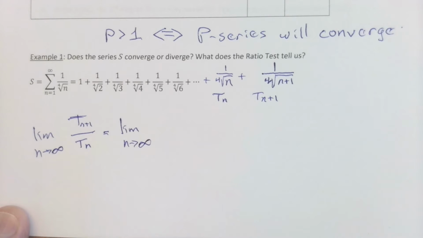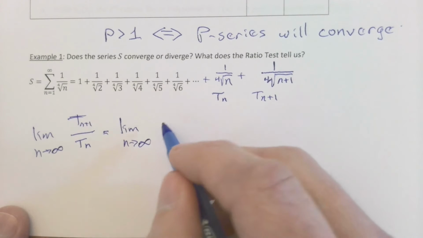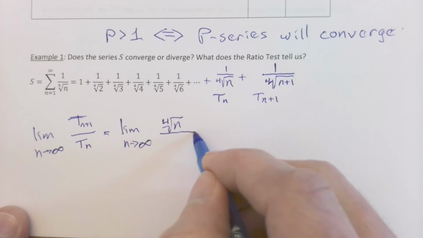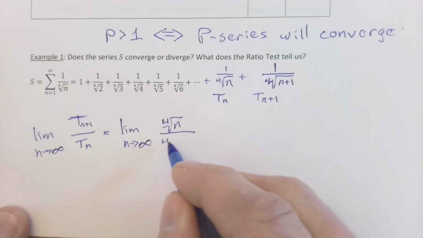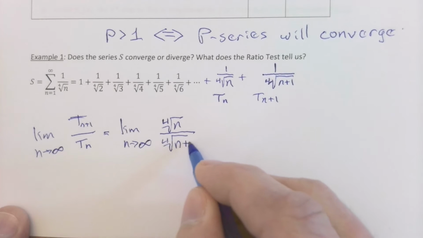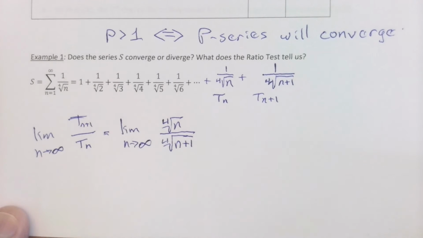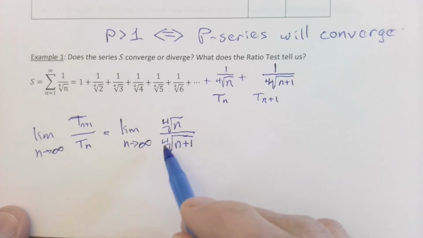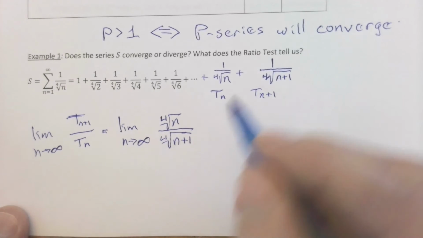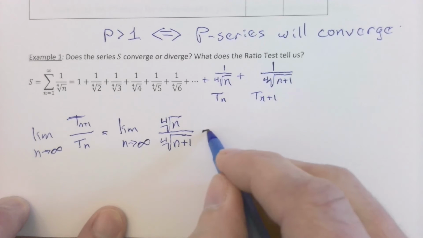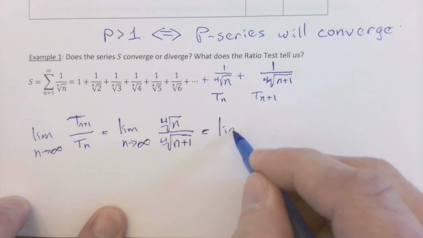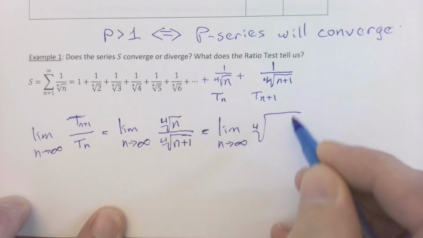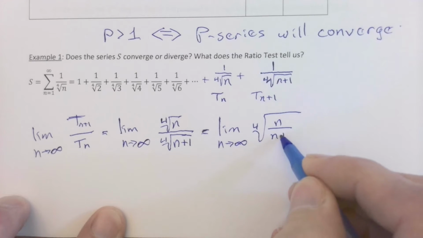So I'm going to skip a step here and just tell you that what you would see next is the 4th root of n divided by the 4th root of n plus 1. And now, of course, two radicals of the same index divided can be written as a single radical, like this, 4th root of n over n plus 1.